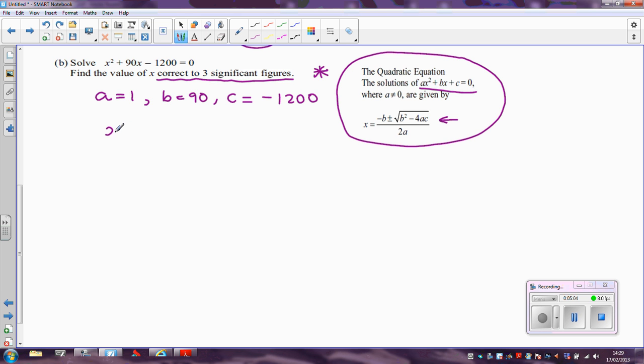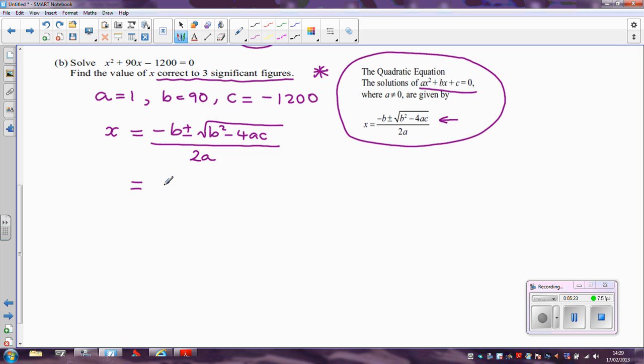So let's just start carefully substituting in. It is always worth just copying down the formula. If you copy down the formula and then make a small mistake in your substitution, you should still get a mark for your working, even if it then goes wrong. So I'm going to copy out the formula there, and now I'm going to start putting in the numbers.